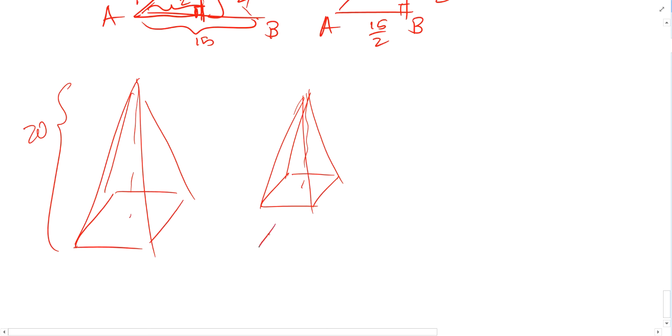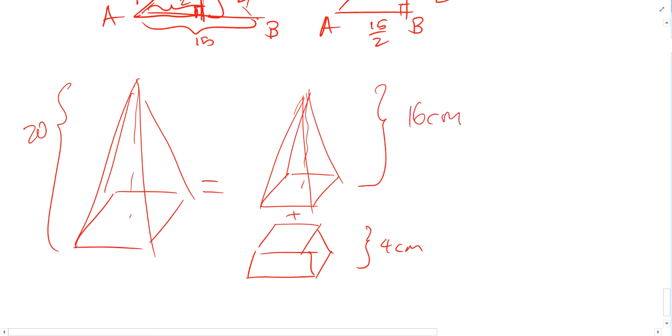Then I have a base left, right? So this is equal to this one plus this. Agree? Now what is the height of this base? 4 cm. So what must be the height of this pyramid? 16 cm. Out of these three figures shown on the screen, which of them are similar solids?